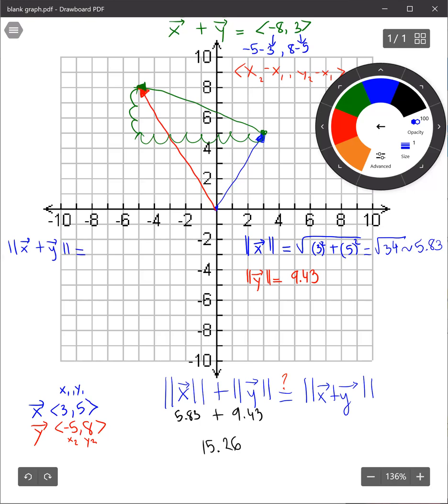And the component form of the resultant vector is negative 8, 3. So therefore you have the square root of negative 8 squared plus 3 squared. And we have 64 plus 9, so this will be the square root of 73.